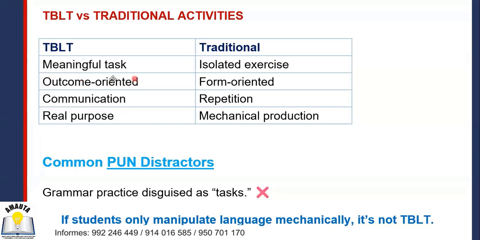Outcome oriented. Yes, because the tasks that we are going to develop in this cycle, all the tasks, all the scaffolding process should be orientated to a communicative outcome at the end of the session. On the contrary, in traditional education, the activities were form oriented.